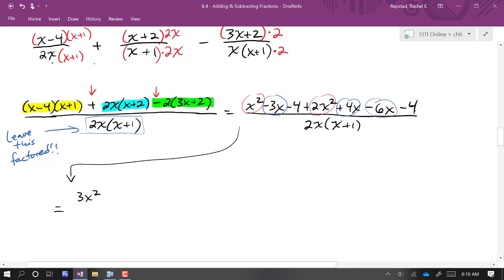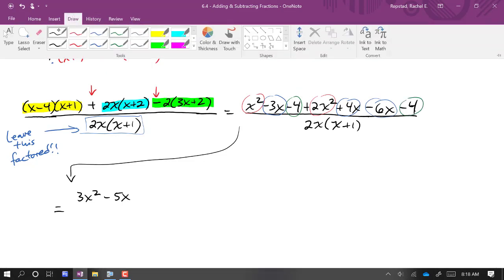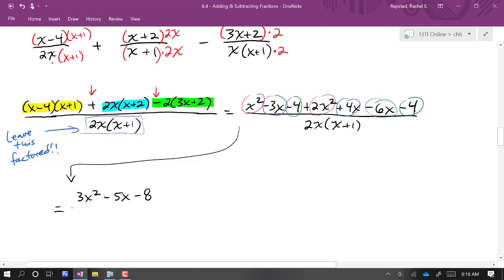Minus 6x is a minus 5x. And then last, minus 4 minus 4 is minus 8. All right, so we've ended up with this single fraction.